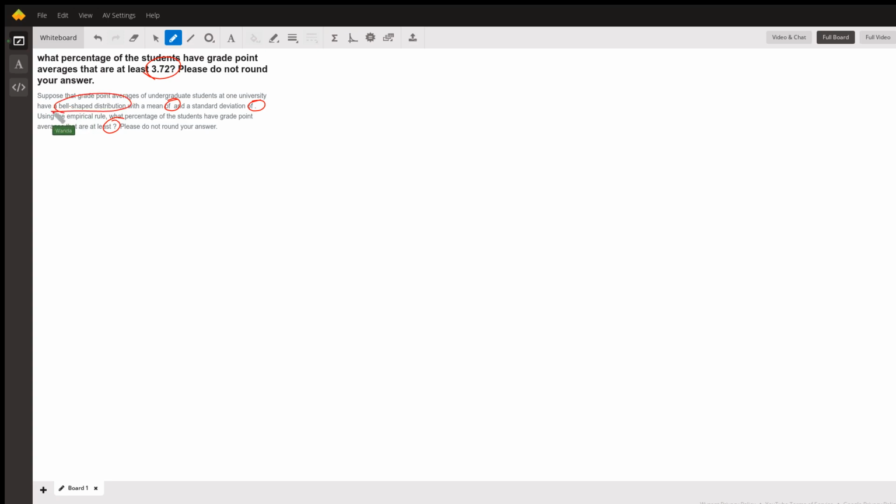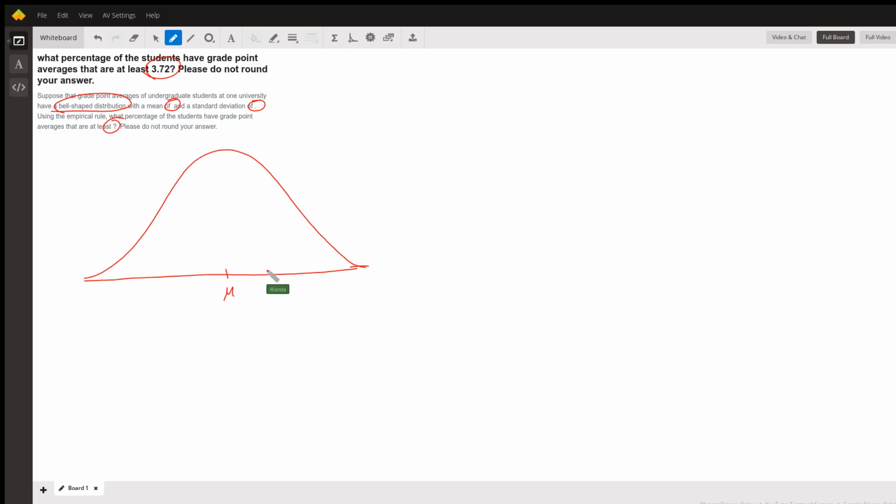A bell-shaped distribution means that we're talking about a normal distribution. Whenever we have normal distributions, they look like this, approximately. Our mean is right in the middle.